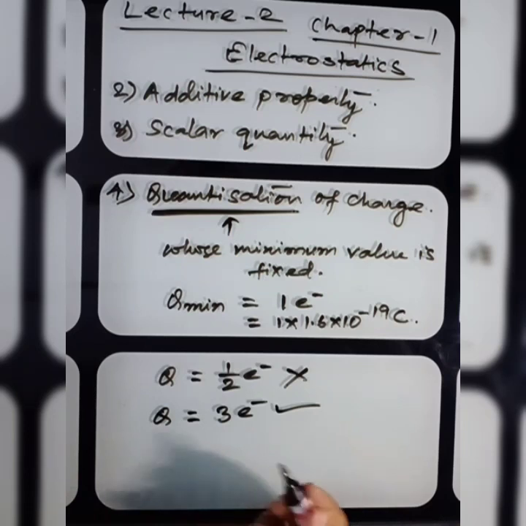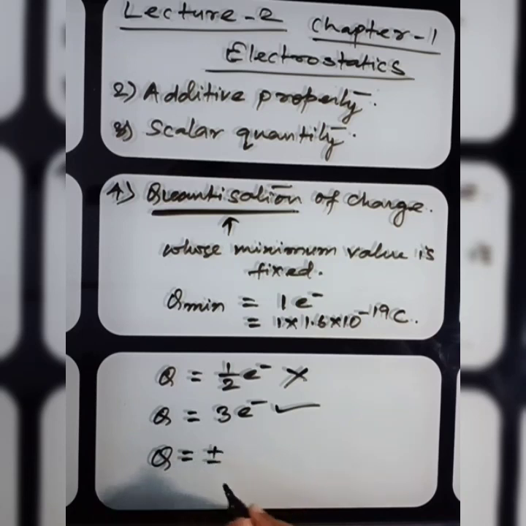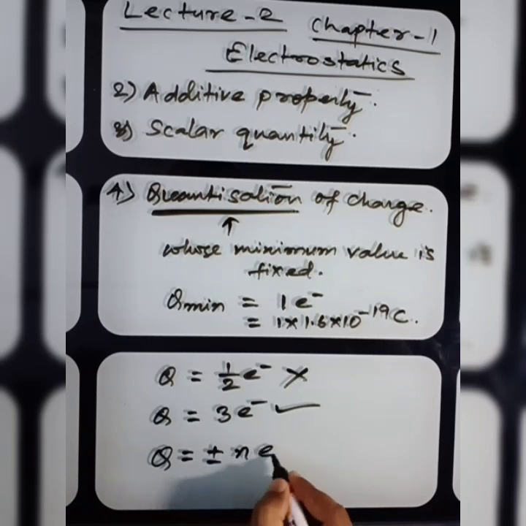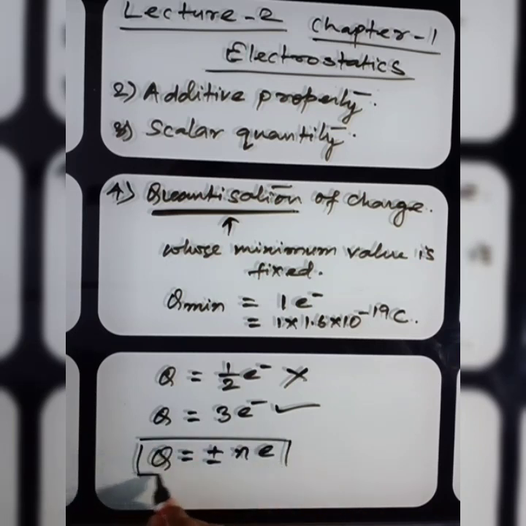It means you will get charge in its integral multiple, as the positive or negative, as integral multiple of charge over the electron as negative and charge over the proton as positive.